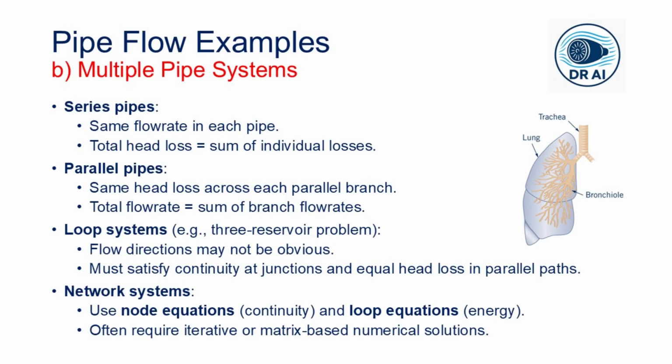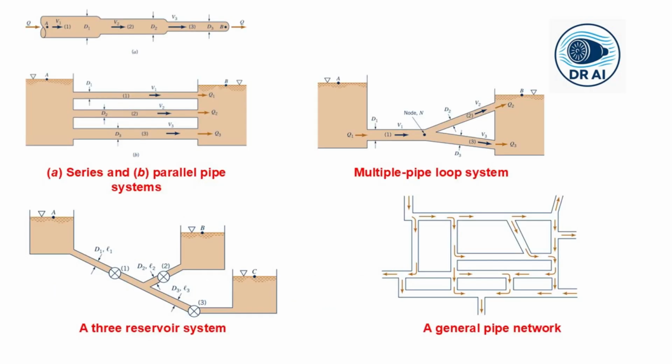So we will be going through several common configurations. Number one is the pipes in series configuration. So look at this particular figure. This is the simplest multiple pipe system. Pipes are connected end to end. In this case, every single fluid particle must pass through every pipe.